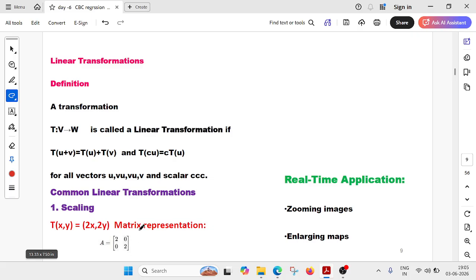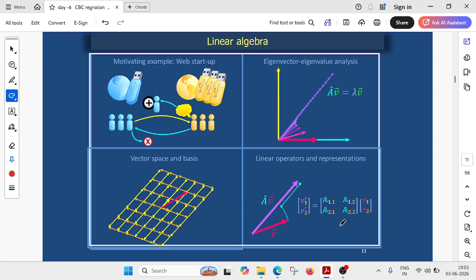This 2 and this 2, and everything else you keep like this. Real-time applications I'll show you afterwards, graphically: zooming images and enlarging maps. These are all scaling applications.